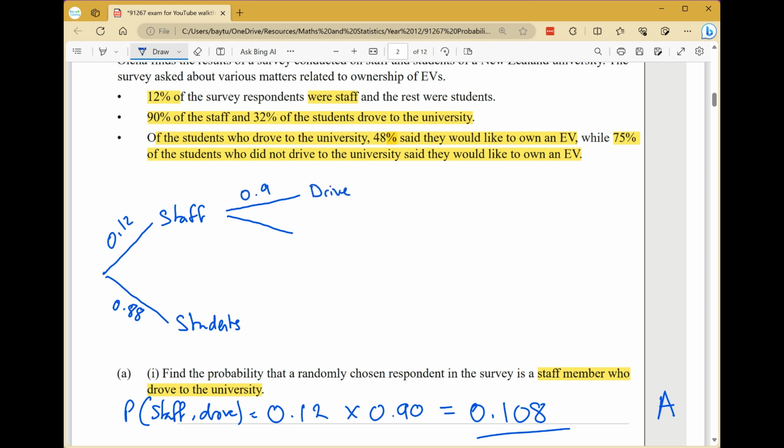So 0.9 drive, which means 0.1 don't drive. And for students, 32%, so 0.32 drive. So 0.68 don't drive.